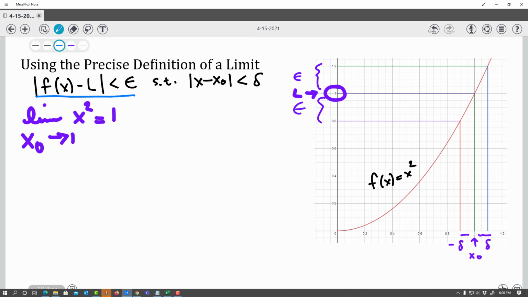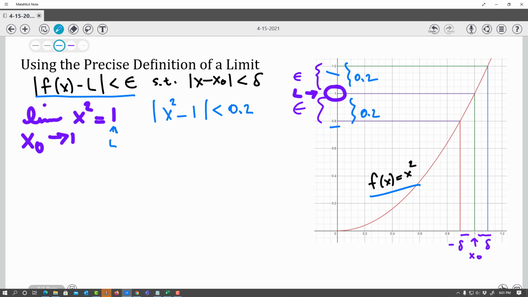So I'm going to have my f of x, which is x squared, minus my limit, which is 1, less than my epsilon. Well, it might be hard to see, but this is 1.2 and 0.8. So it looks like that distance there, my epsilon, is 0.2.